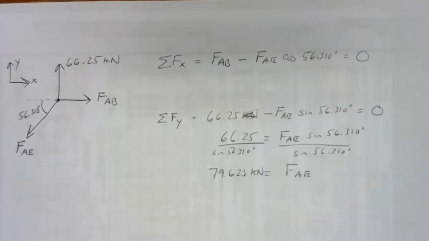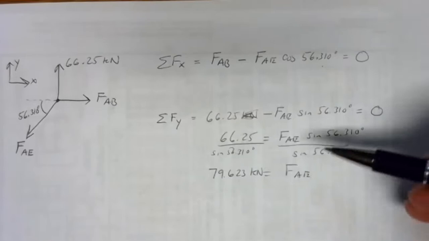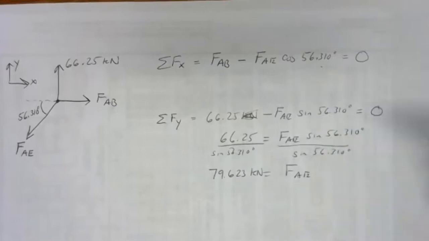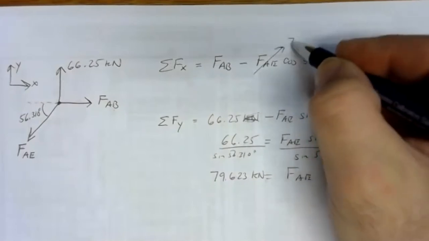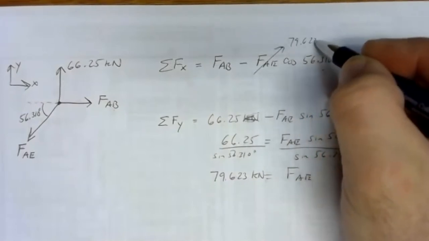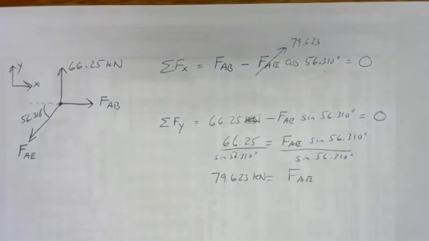Let's go ahead and find our member AB, and then we'll go and figure out whether we've got tension or compression. So member AB, we can figure out by substituting in for FAE 79.623. So 79.623 times the cosine of 56.310. That's 44.167.